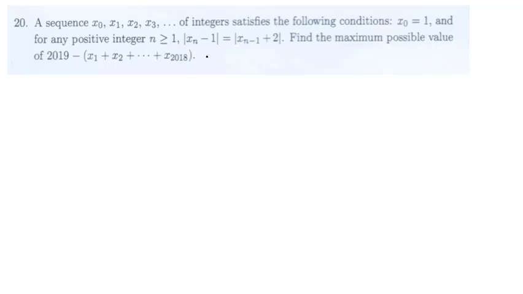Okay, for solving this problem, we do two things. We find an example, and then also we prove. So we say, okay, our answer is between what two things. So I say the maximum of this is equivalent to the minimum of x1 plus x2 plus ... plus x2018, because 2019 is constant.